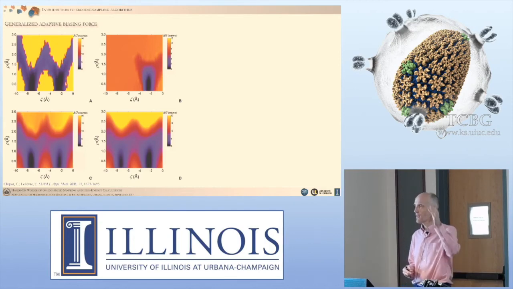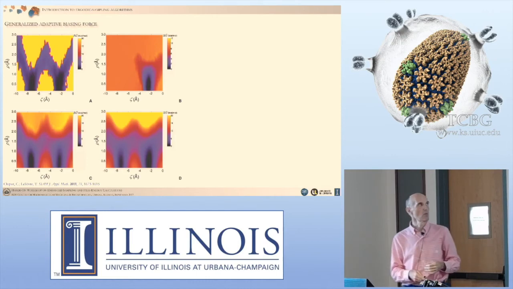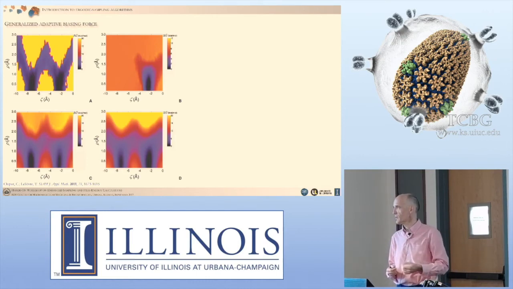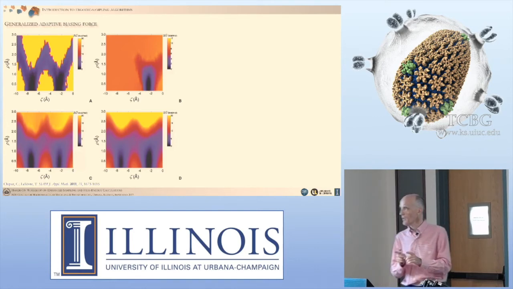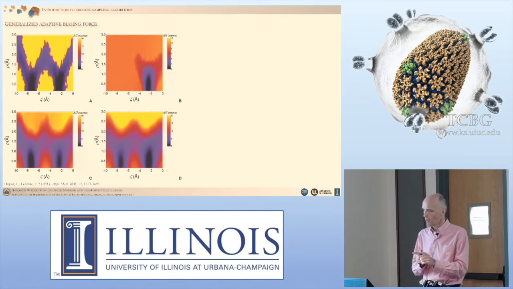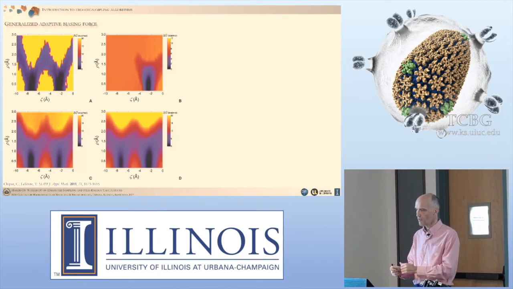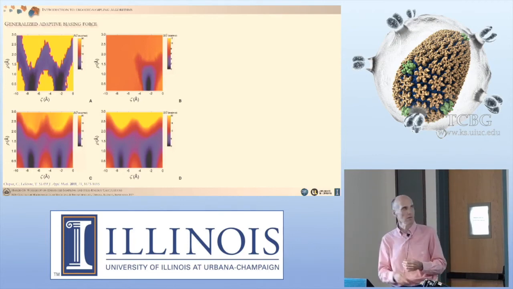Going back to the synthetic channel with the chloride ion diffusing in it, we're not able to reproduce the correct potential of mean force. But what we did is we used that as a tool to bootstrap a real multidimensional free energy calculation. We did a generalized adaptive biasing force calculation along the long axis and along the radial direction separately to get the marginals.